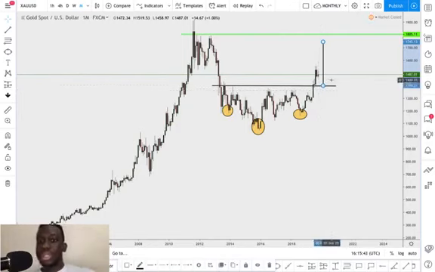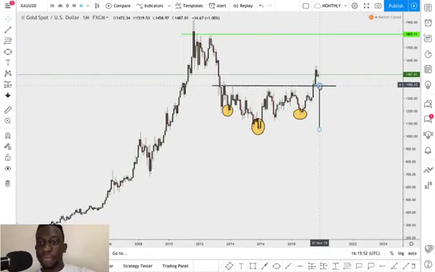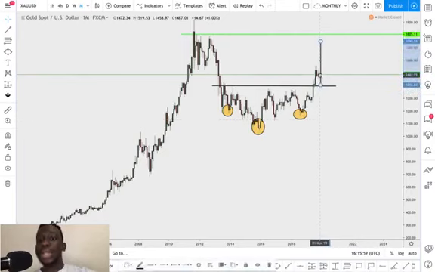So all this is saying to me is that this market has accumulated. As you can see, I've drawn this black line just to calculate the amount of pips from the neckline to the head of this consolidation phase. All I'm simply going to do is add it to the neckline, as you can see right about here.